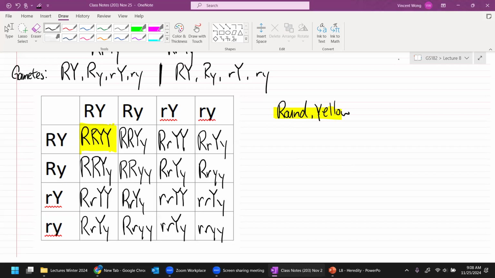What's the number, guys? Okay, round and yellow. Basically, you're looking for anything that has a capital R and capital Y. And those are all of it. Right? How many? 9 out of?